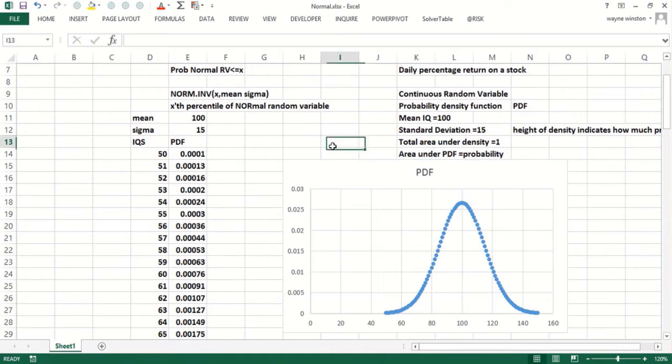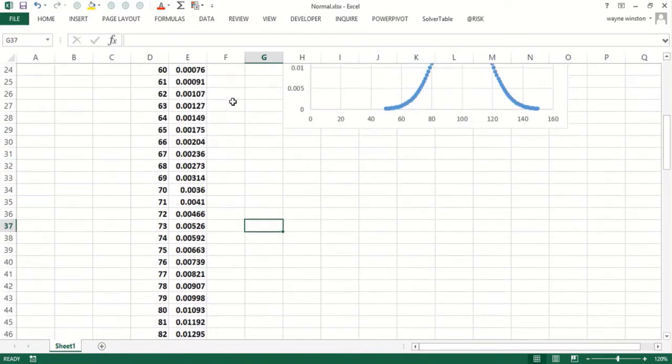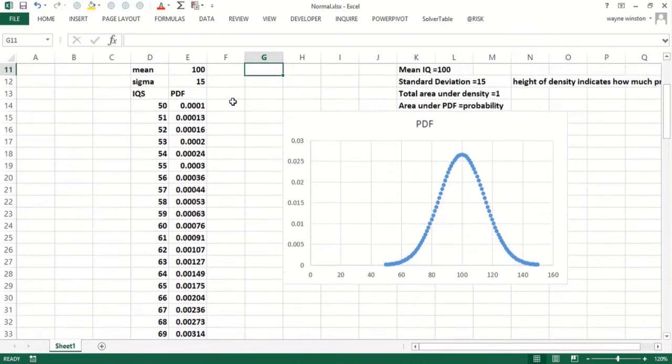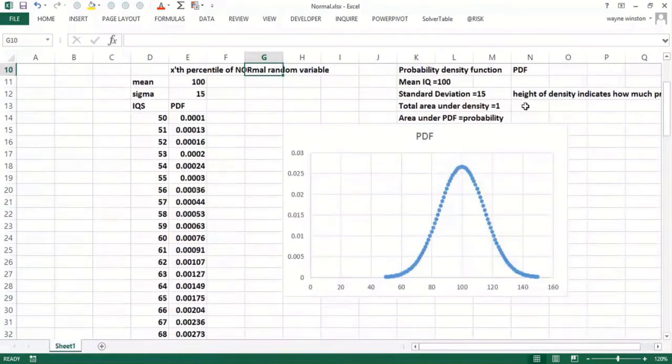And basically, the NORM.DIST function, when you change the false to true, will give you the area to the left of a given value. In other words, if you have an IQ of 80 or 120, you go 20 below the most likely IQ, and 20 above, the height is the same. Not every continuous random variable has a density that's symmetric.